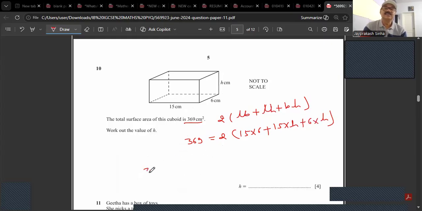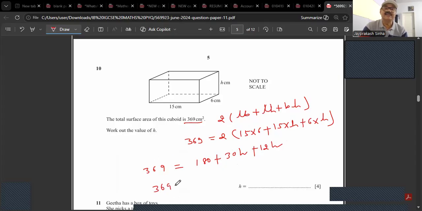Okay. So this will be 369 equal to 15 into 6 is 90, 90 into 2 is 180, plus 30H plus 12H. Okay, 30 plus 12 is 42, and this 180 will come to this side.